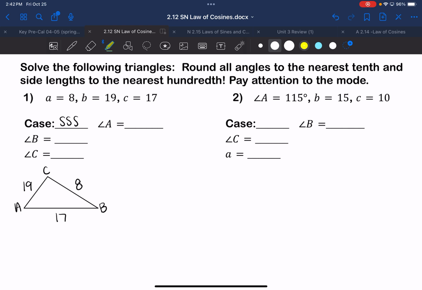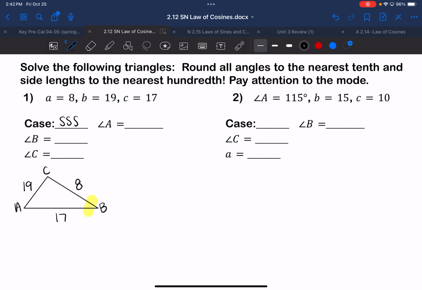So if I'm going to have to find one using law of cosines, let's make sure we don't have to do it again, right? So what would be the biggest side in this triangle? B, right, the 19. So if I have an obtuse angle, then it's probably angle B, right? Because it's across from the biggest side. So I would probably want to use law of cosines to find that angle. So that way I don't have to worry about it later down the line if I want to switch to law of sines.